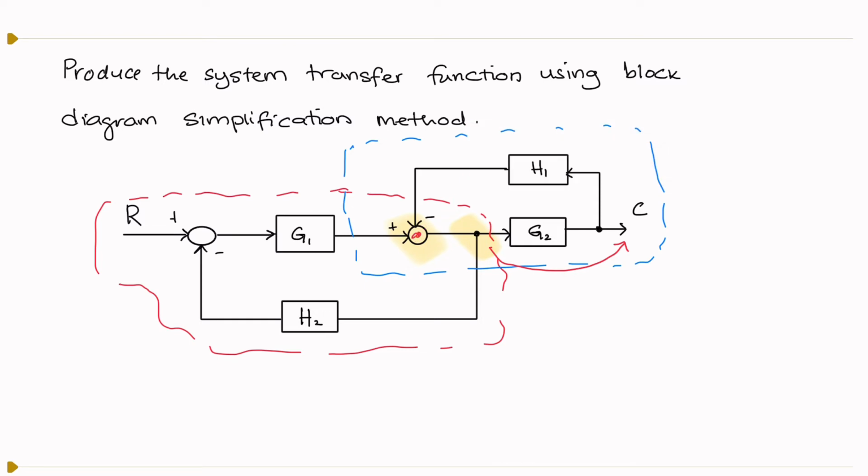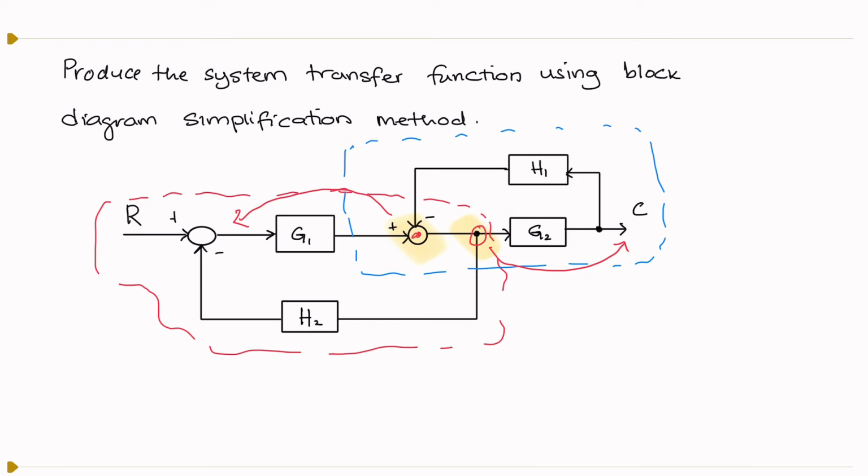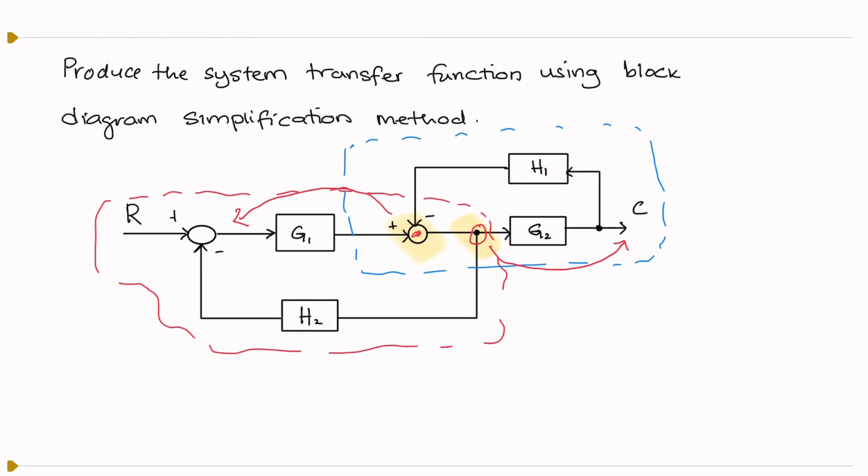Similarly, we can only move the summation point over G1 toward the input, but we cannot move the summation point over G2 toward the output. So in this example, I choose to move the pick-off point toward the output.